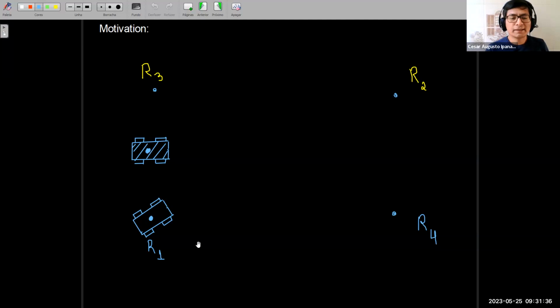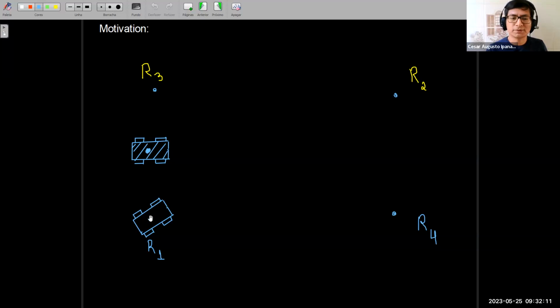The classical motion planning problem is how to find or design an algorithm. For example, in this case, the input for that algorithm is the initial position and the desired position. But in this case, we ask the robot to pass through intermediate positions.